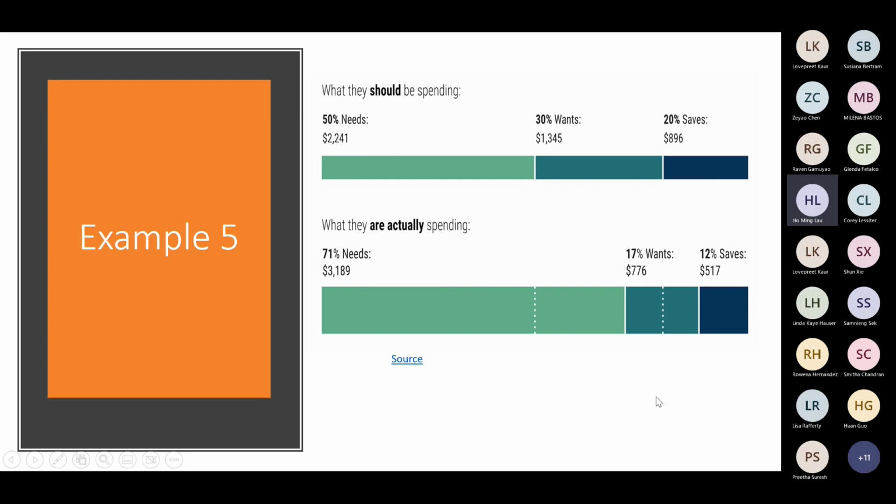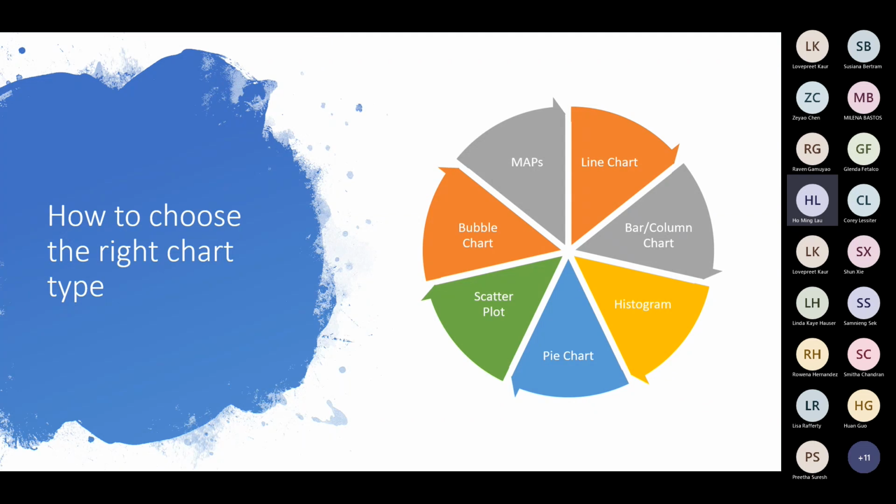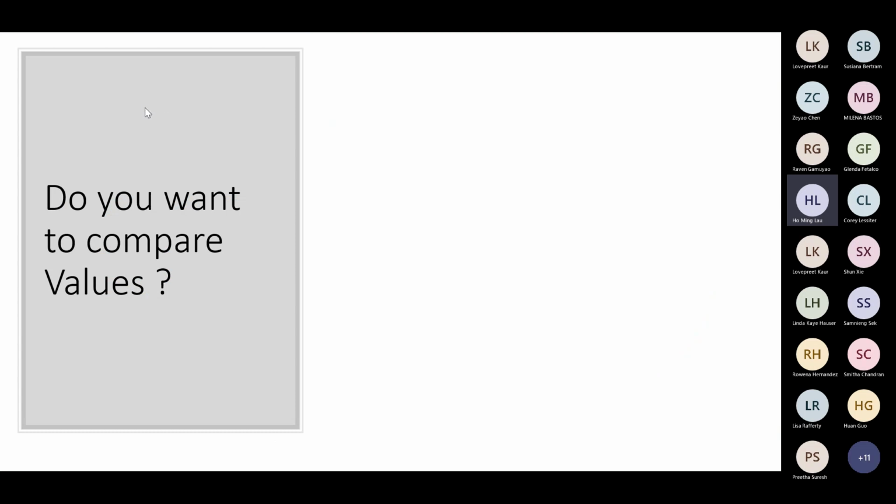I like this visualization. Okay, so now moving on, these are just some examples. Now let's see how to choose the right chart type. The charts are maps, line charts, bar or column charts, histograms, pie charts, scatter plots, and bubble charts. Here I have given some information. If you want to compare values, what are the chart types that you can use?